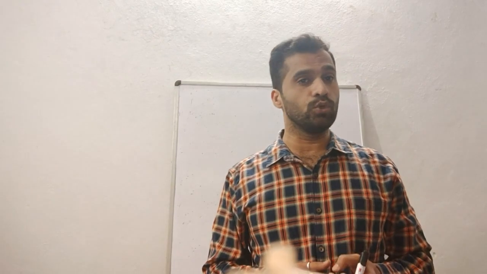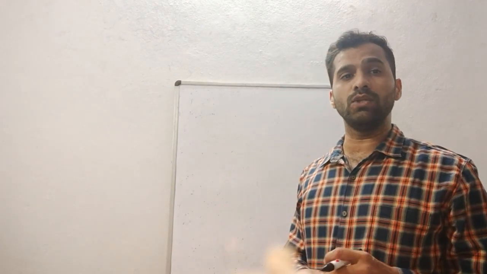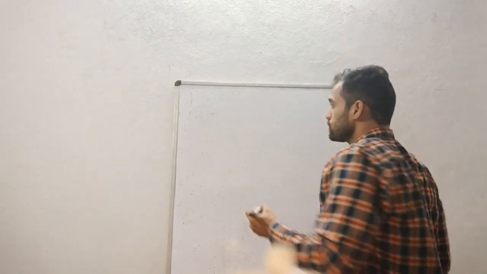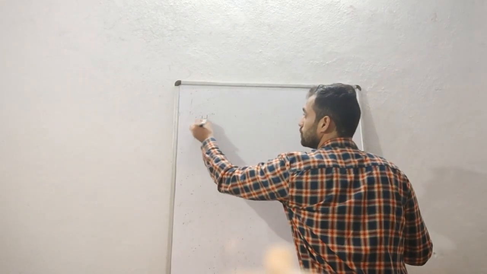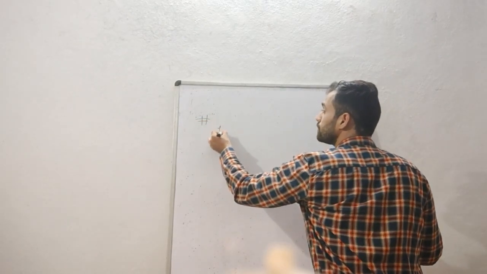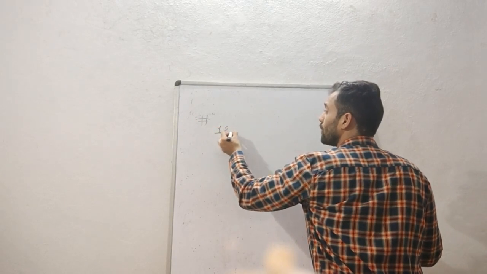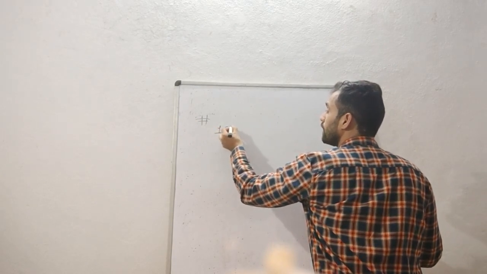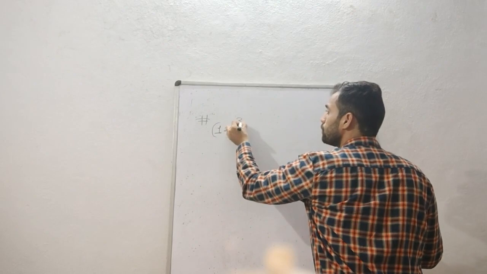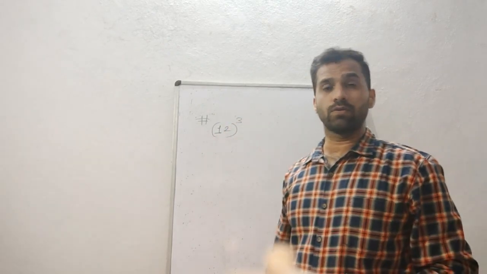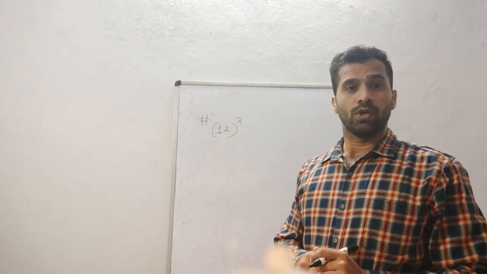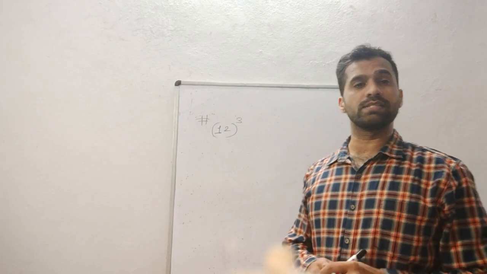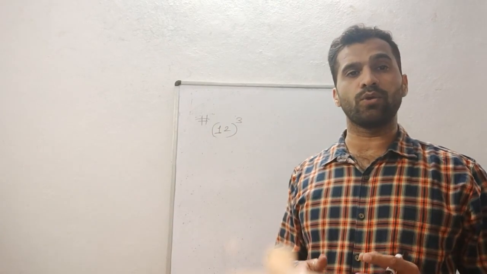Now we will find a cube. How to find out a cube of any numerical digit? Suppose we have been given 12 and we have been told to find out the cube of 12. So how to find out the cube of 12? Simply we will multiply 12 into 12 into 12.